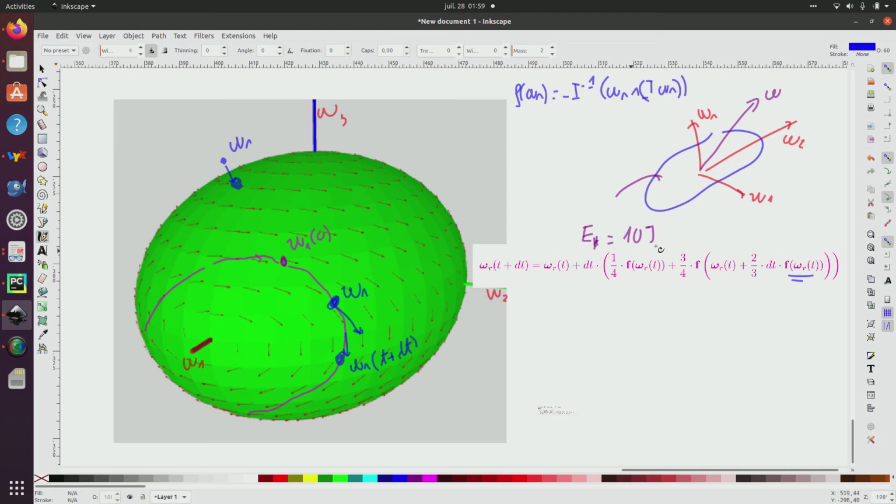I will assume that this formula is sufficiently accurate for the time of integration I ask. Okay, so now I will start my program. The program I will consider is this Python program.